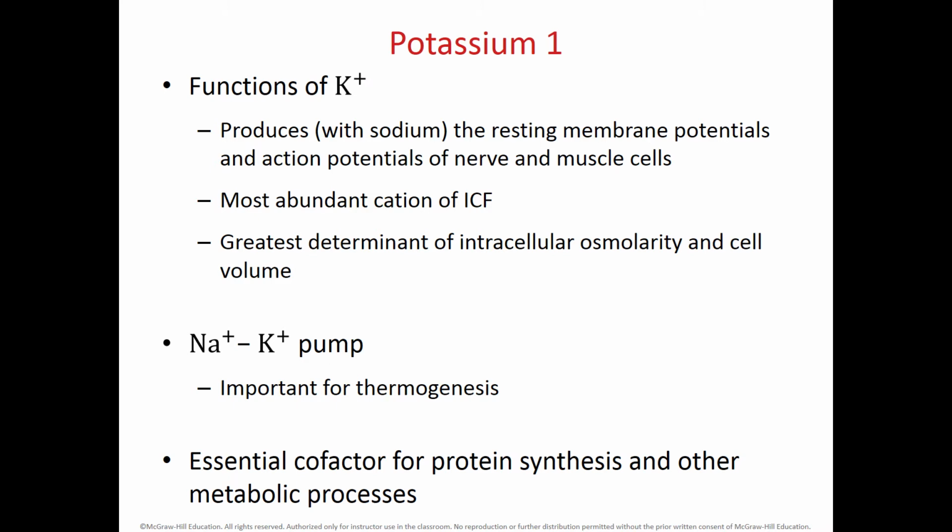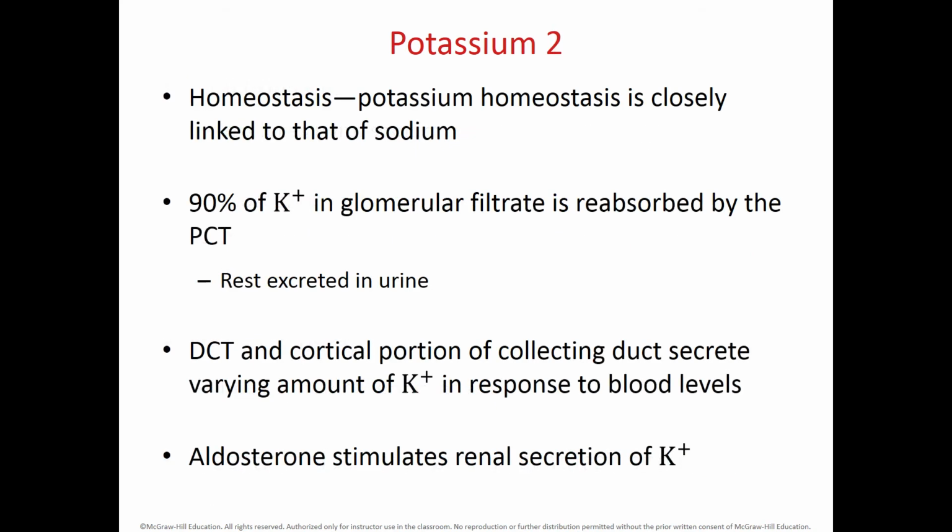Potassium is also necessary for the formation of some proteins, so it is a cofactor in some enzymes, in ribosomes that produce proteins, and in other metabolic processes.